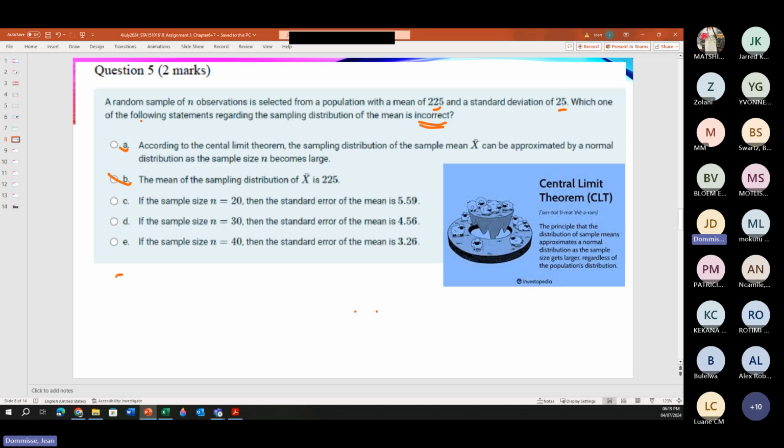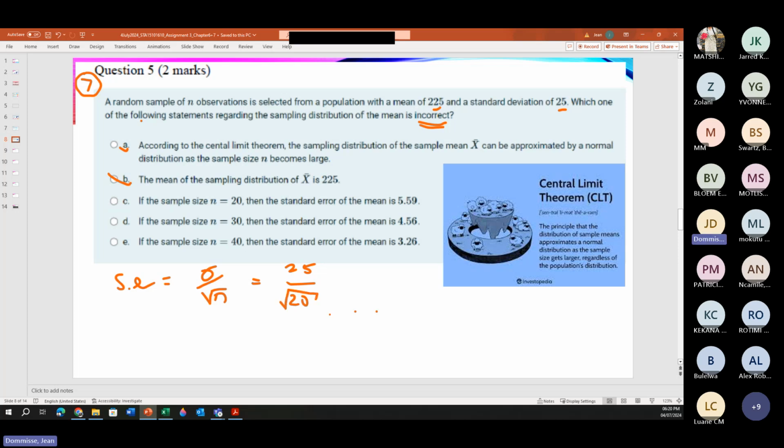Standard error is worked as that. So this tells me we're already in study unit 7. So standard deviation 25 divided by, in this instance, the square root of N of 20.